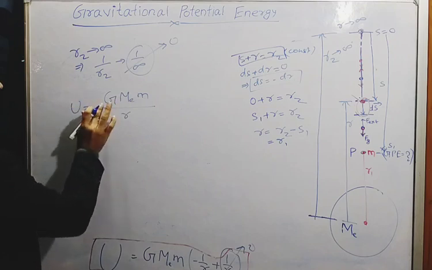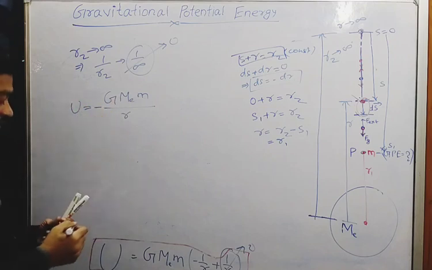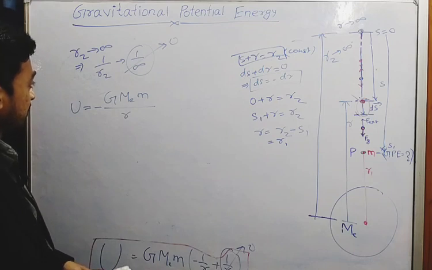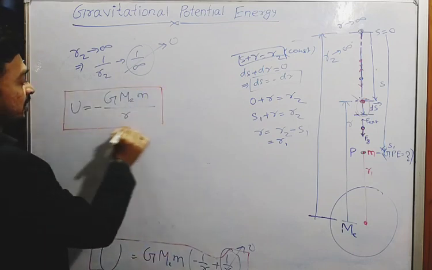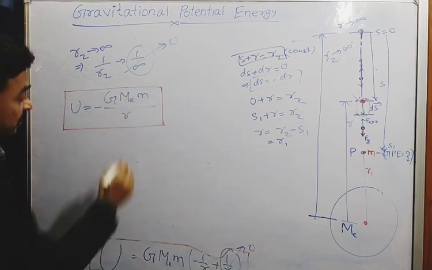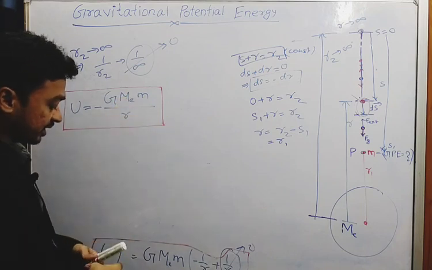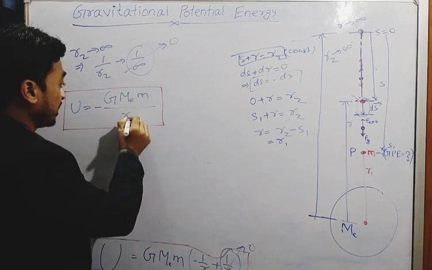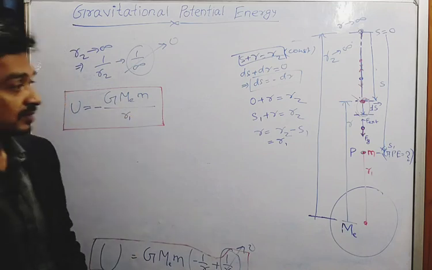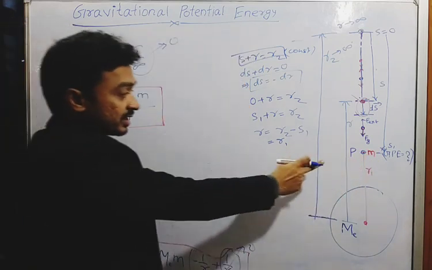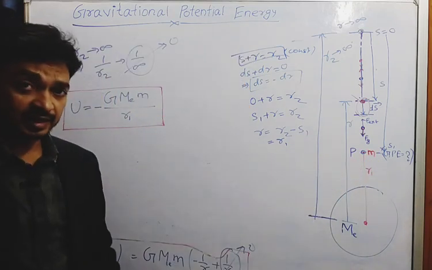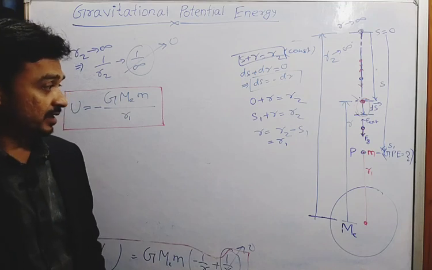U is equal to minus of this. Okay, so this is the derived formula to get potential energy at position R1. Now we have the potential energy of the object at position R1 and reached our set target.